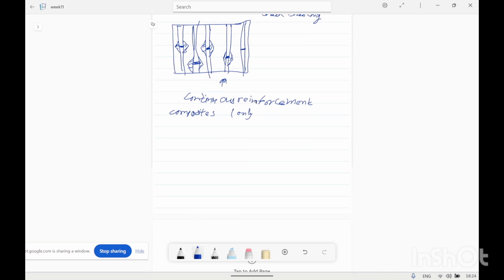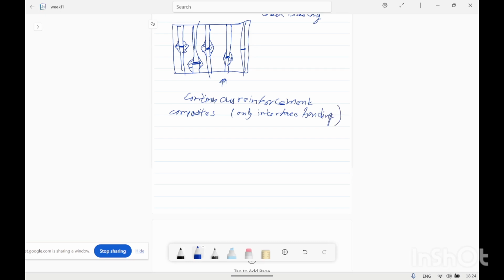Interface bonding deals with the behavior of fracture.